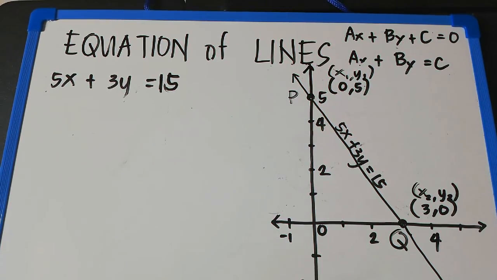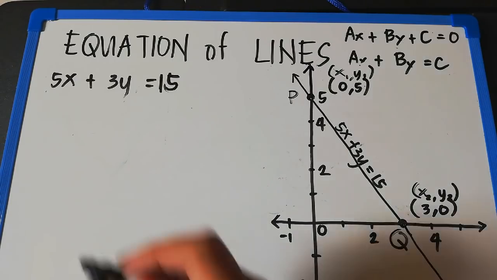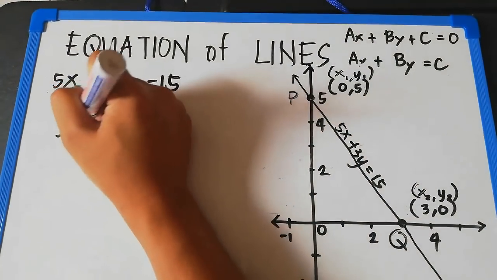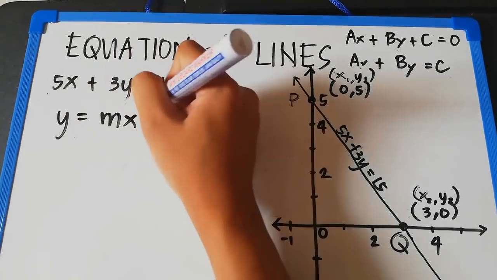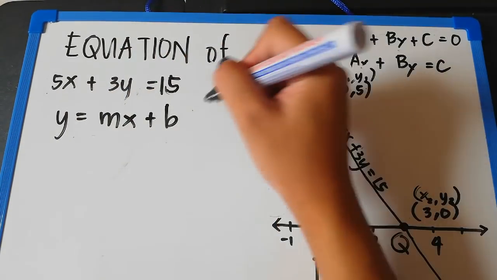Another method of finding the slope of a given equation of line is to write it into its slope-intercept form. So, kapag sinabi nating slope-intercept form, yun yung y is equal to mx plus b.